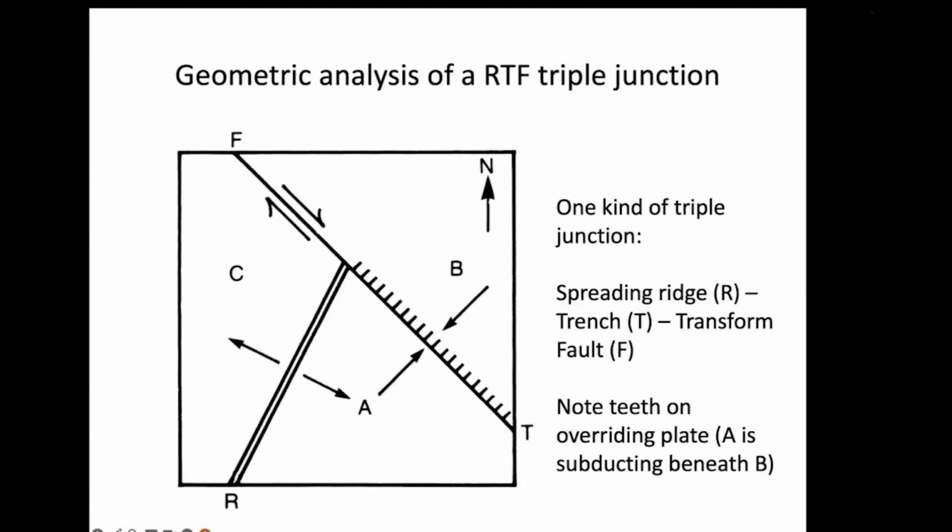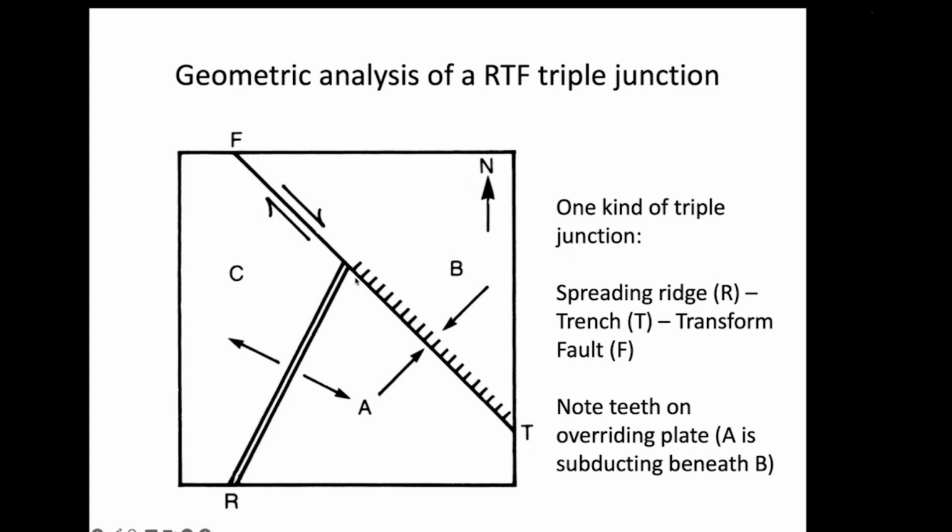So here is a geometric analysis of an RTF triple junction. R, there's the spreading ridge. We show that with double lines, and we can show the spreading direction. This is the F, a strike slip fault, and we can see that's a right lateral strike slip fault system, a transform.